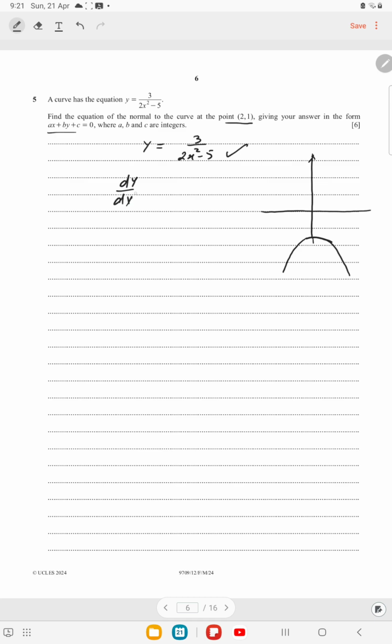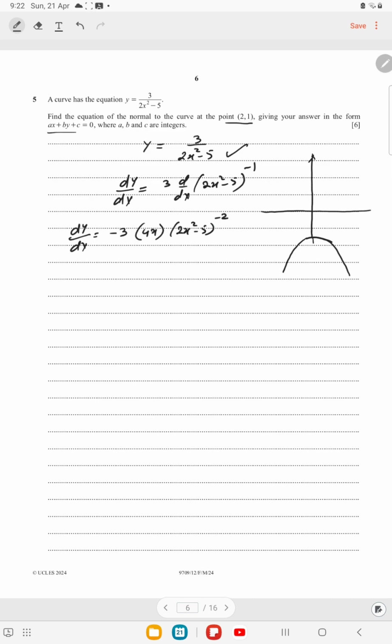dy by dx for this case will be 3 times d by dx of (2x square minus 5) to the power minus 1. You know the rule, so I am going to write it directly: it will be minus 3 times 4x times (2x square minus 5) to the power minus 2.